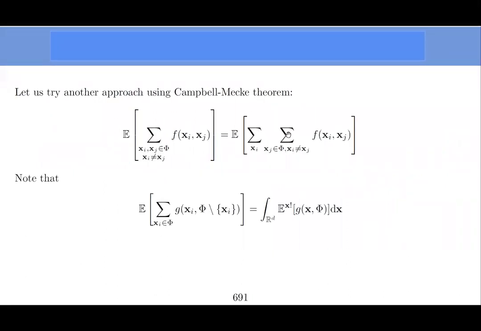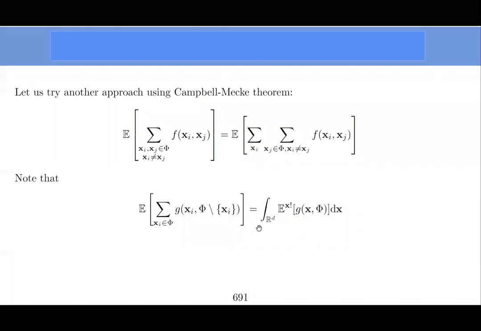Let's try another approach using the Campbell-Mecke theorem. I can also denote this as a double summation, one over x_i and the second over x_j not equal to x_i. And then I can apply Campbell's theorem. I can take this as a function and apply Campbell's theorem, because this whole thing is a function of x_i and the whole point process except x_i.